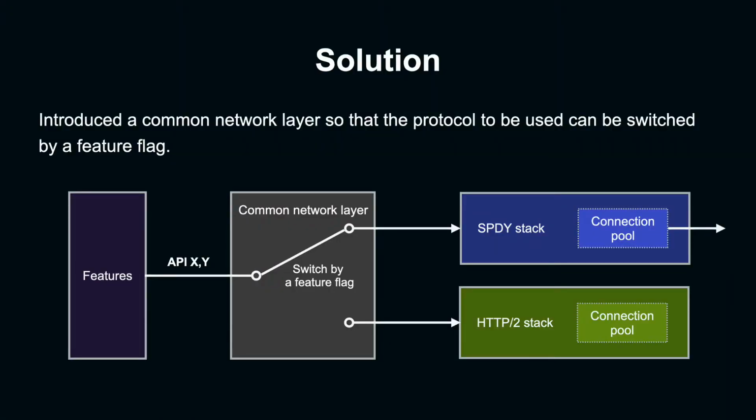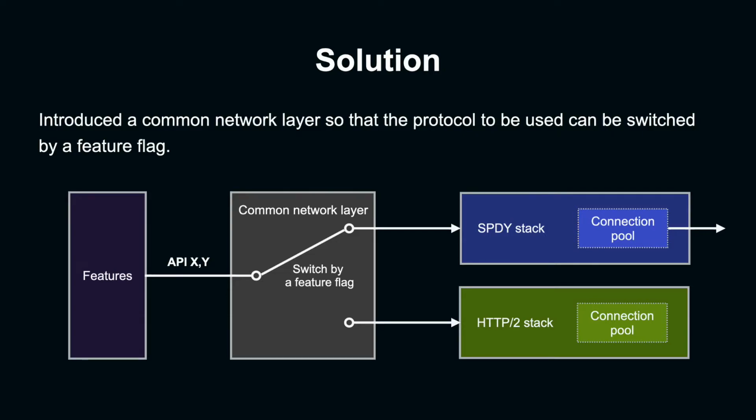As a solution to this problem, we have decided to create a common network layer in front of the SPDY and HTTP2 network stacks. Each feature in the app will use this common network layer instead of using the SPDY or HTTP2 network stack directly.